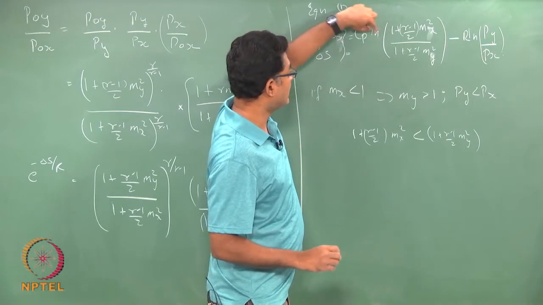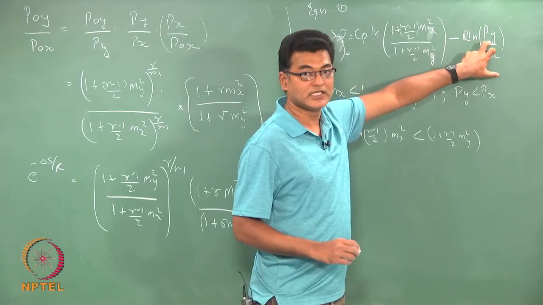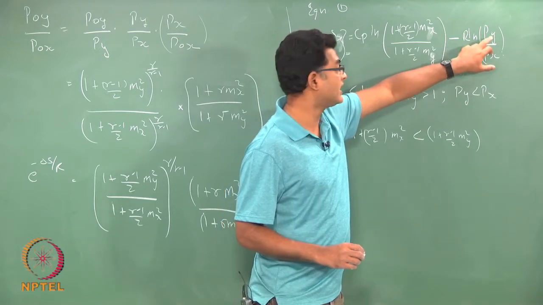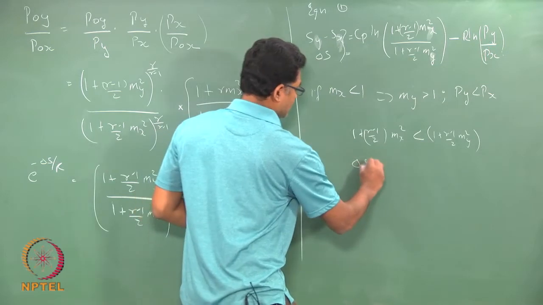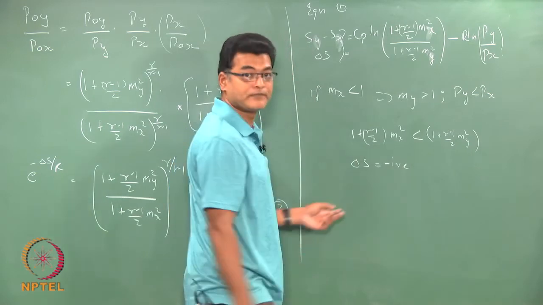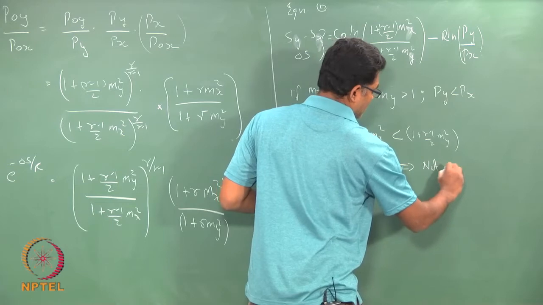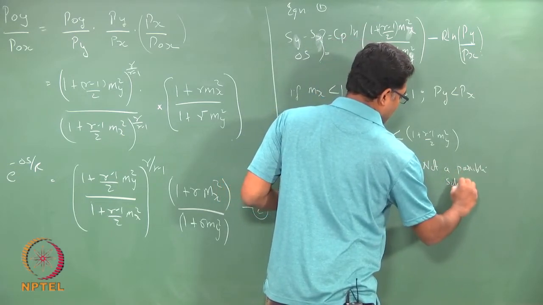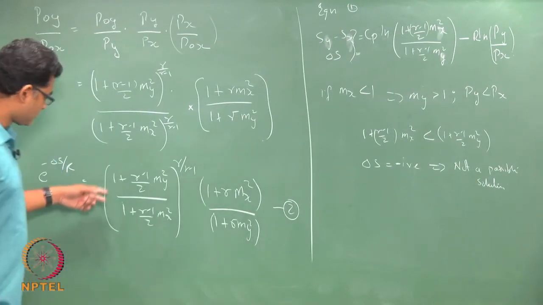So, this is ln of something less than 1, and here Py is less than Px, but this comes with a negative sign, so this again is a smaller quantity, which means your delta S would be negative, which implies not a possible solution. You can also show that here.